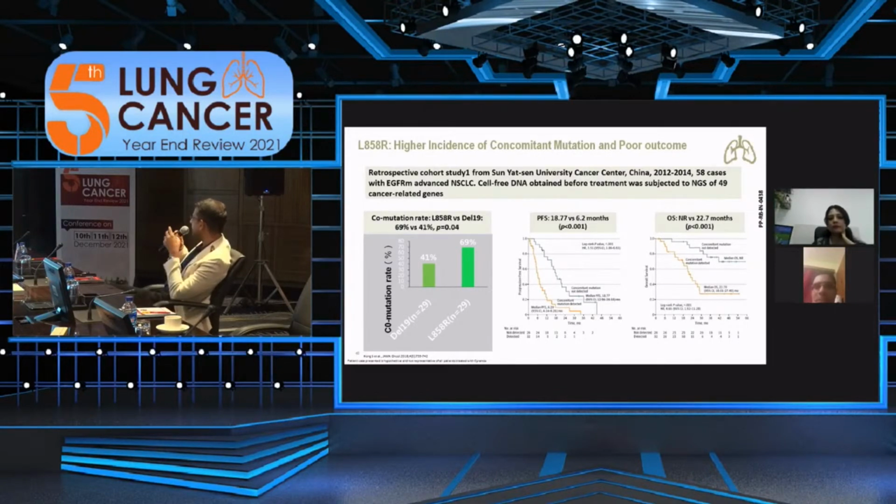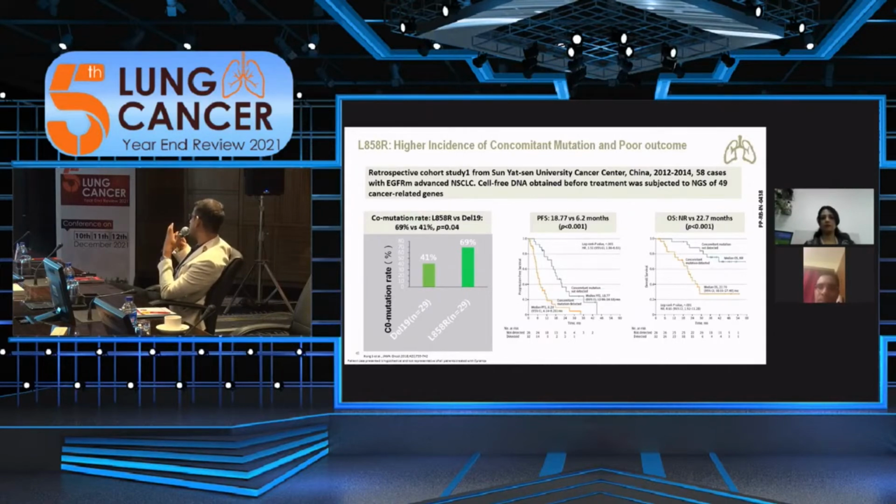As you said, we are all beginning to see that these patients are doing poorly, and we have to understand why they are doing poorly. Is it because our drugs are not designed to be very effective, or is it because of other coexisting mutations which we're not picking up because our PCRs are not designed to pick those up? That is one thing in terms of understanding why they do poorly.